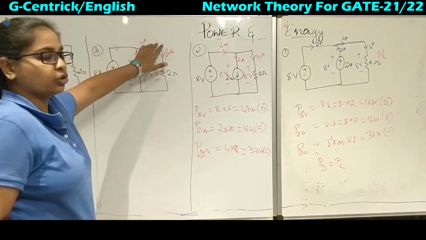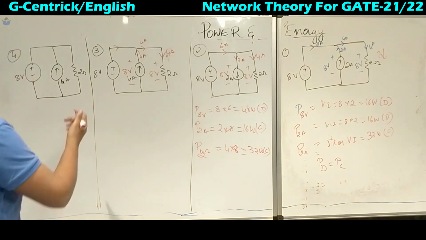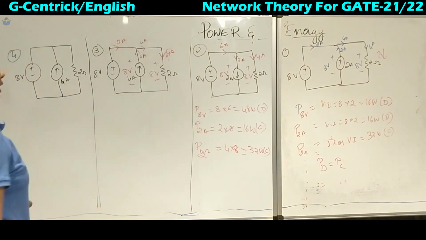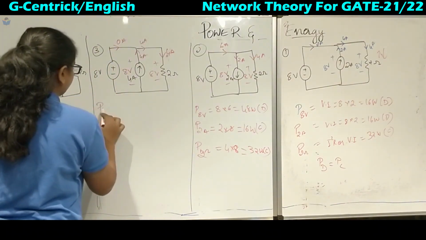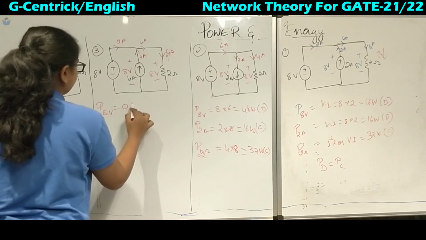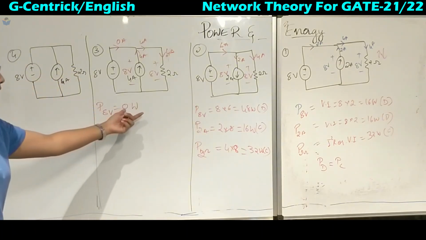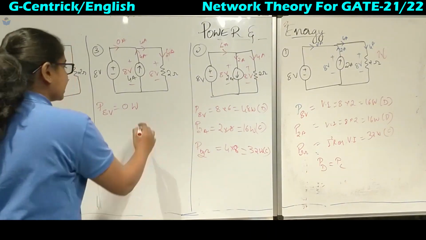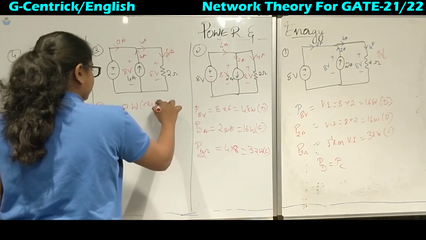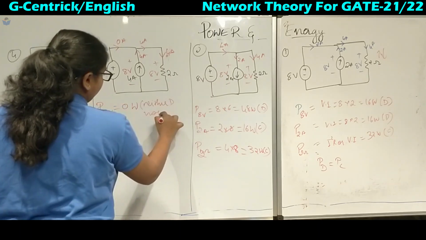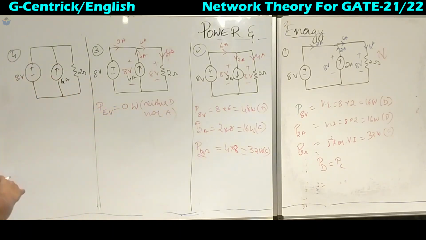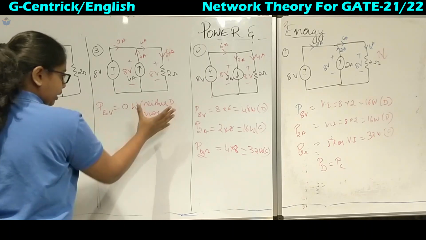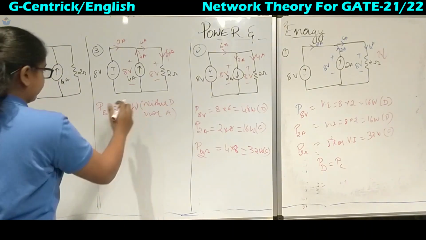I plus 4 is equal to 4, so the 4 gets cancelled, we get 0 ampere current. Now what is the power across the 8 volt? It is 0 watts. So what category does this come under, absorbed or delivered? It is neither delivered nor absorbed. Whenever you get 0 watts, it is in the neither absorbed nor delivered category.